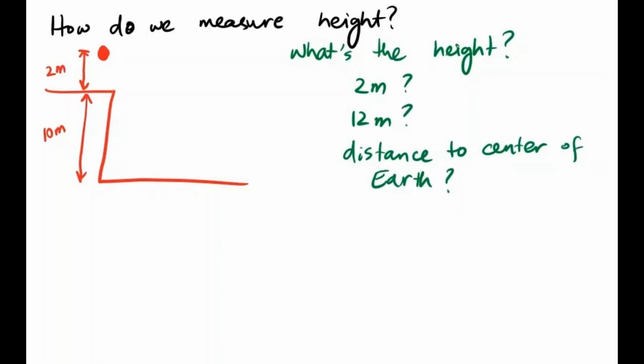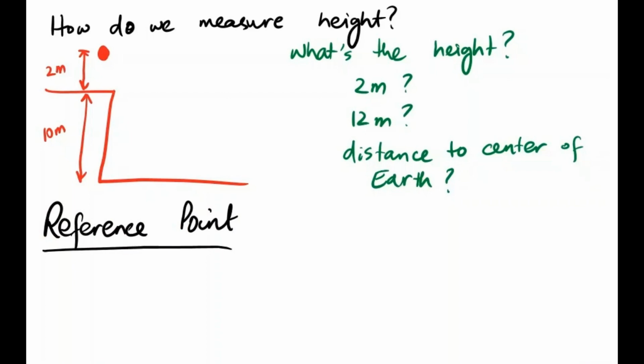So it all comes down to what point you're going to consider to measure the height. Sometimes the reference point is obvious in the problem, or you will be told how you are supposed to measure the height, so read the problem carefully.